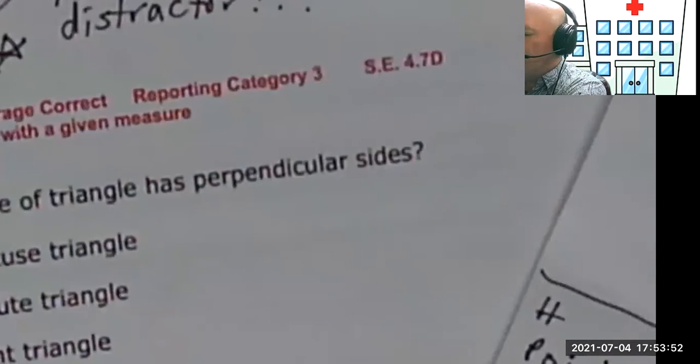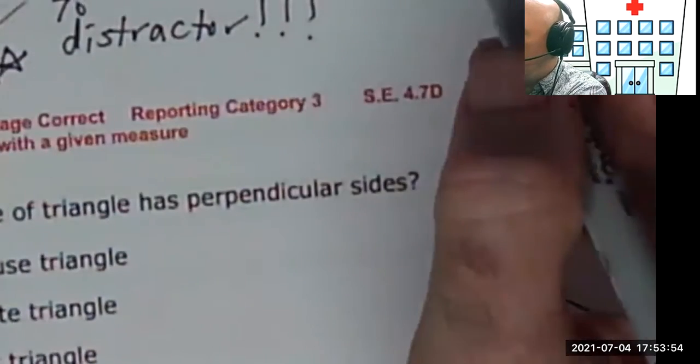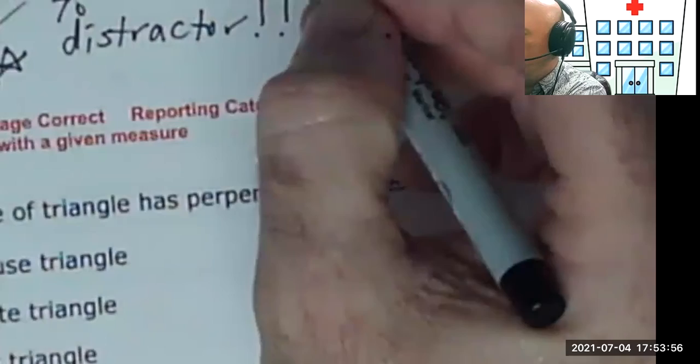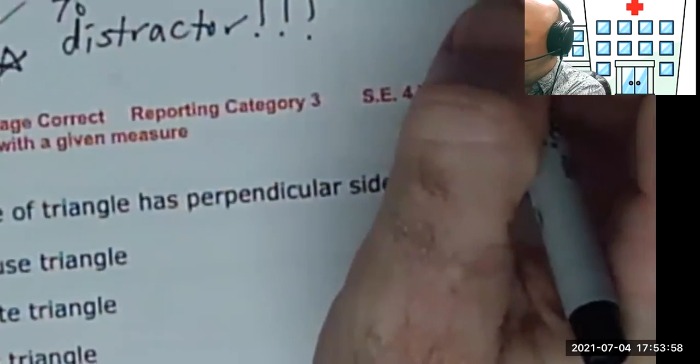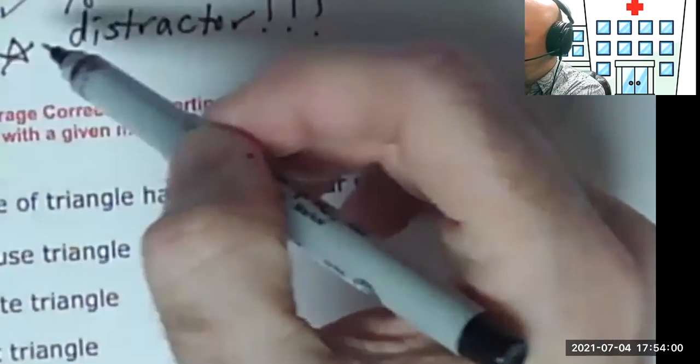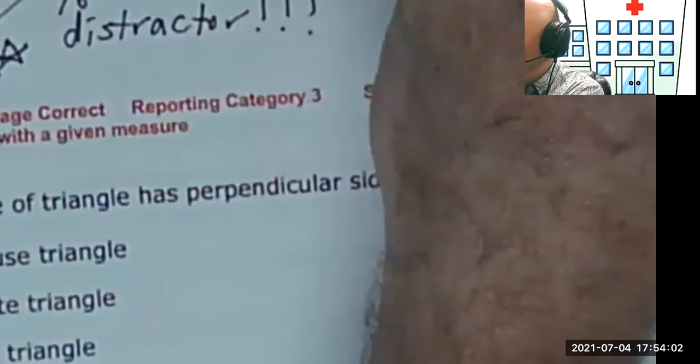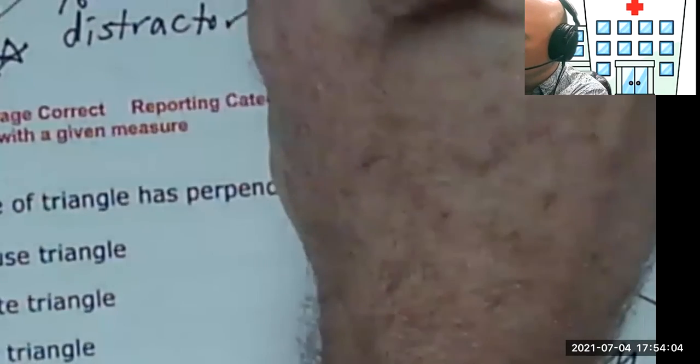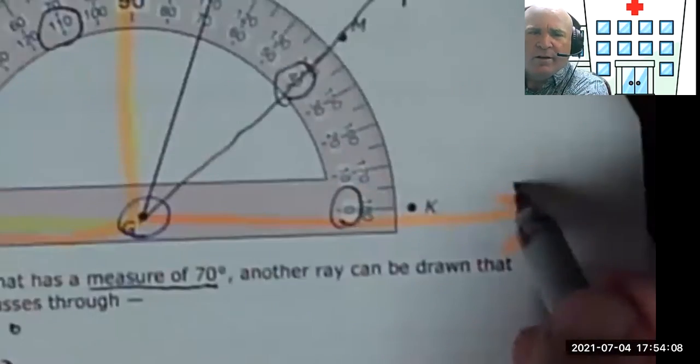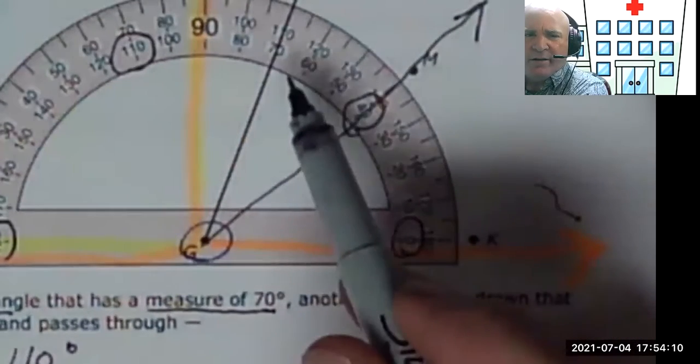So as you can see, point M through here, which is the one that a lot of your kids picked, that's not 70 degrees.